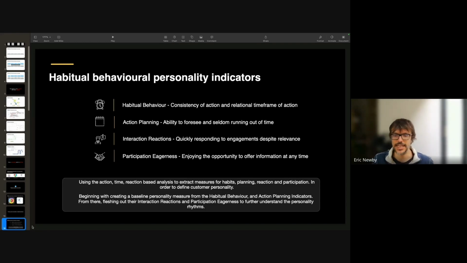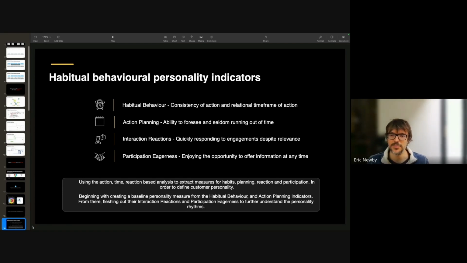You can build out indicators of habitual behavior, action planning, interaction reactions, participation, eagerness. So, you can see these are indicators that we've defined. So, what is your consistency of action, and how's that both in action and timing?